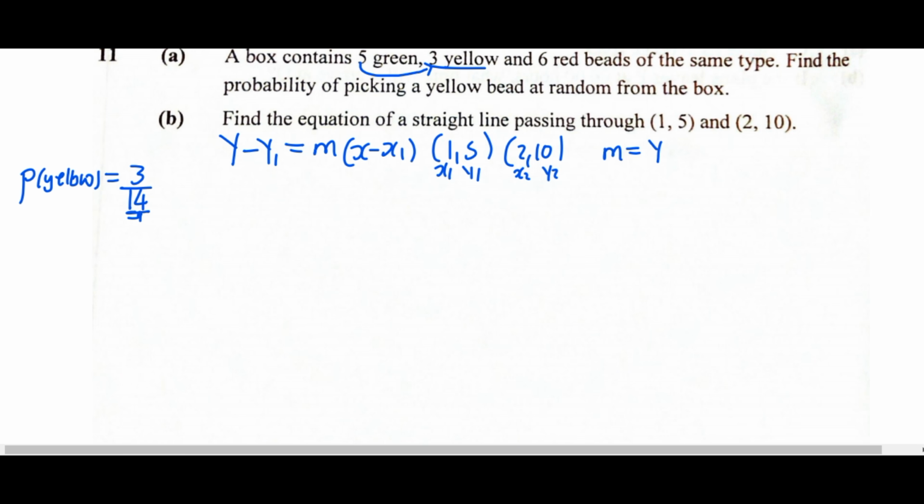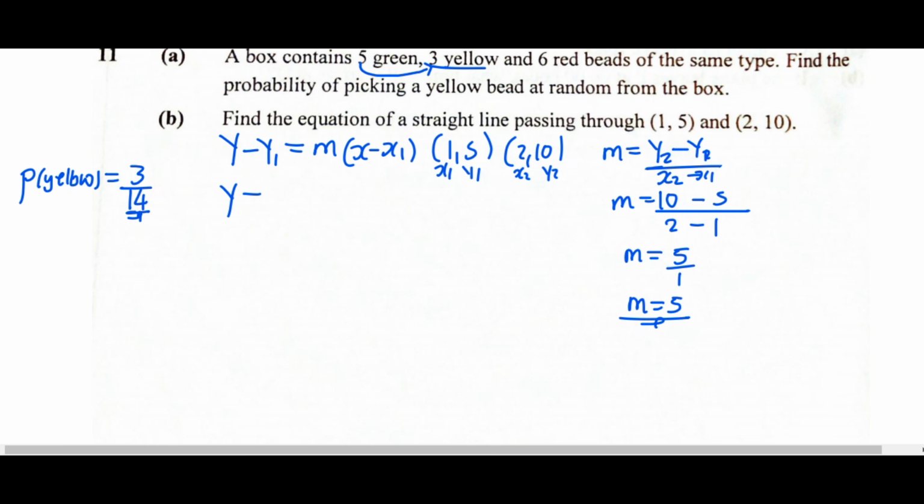The gradient is equal to change in y, which is y2 minus y1, divided by x2 minus x1. So y2 is 10, y1 is 5, over x2 is 2, x1 is 1. So gradient is equal to 10 minus 5 is 5, over 2 minus 1 is 1. 1 into 5 will give us 5. So that's our gradient.